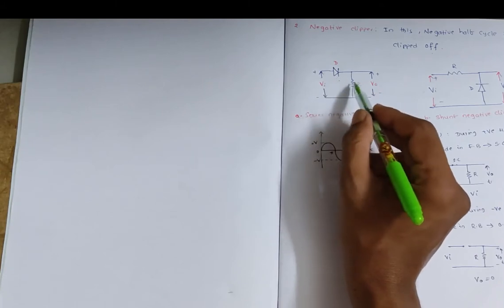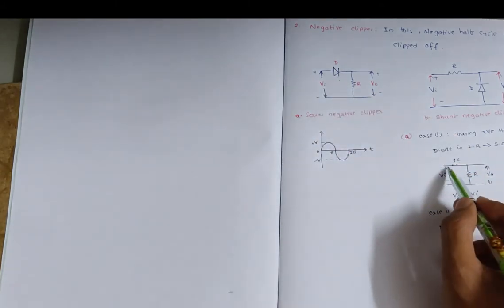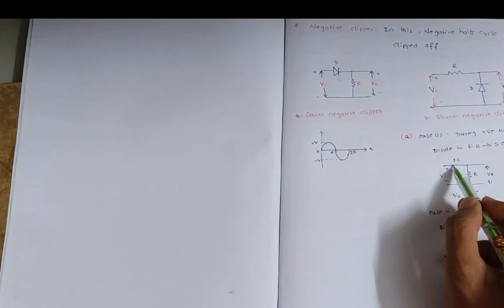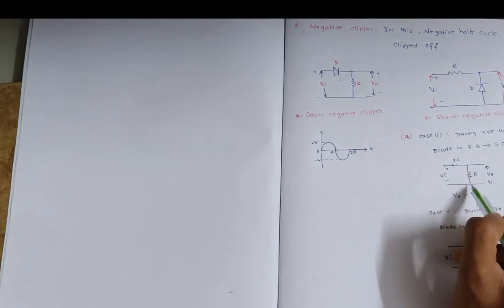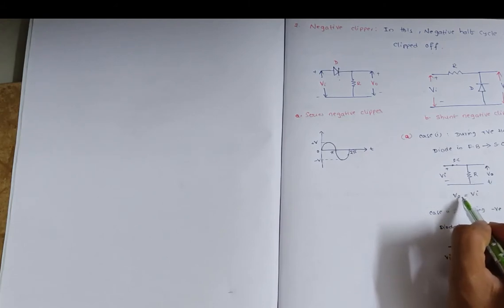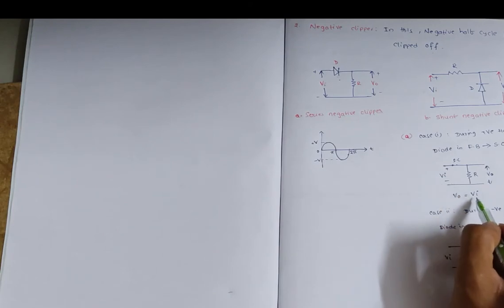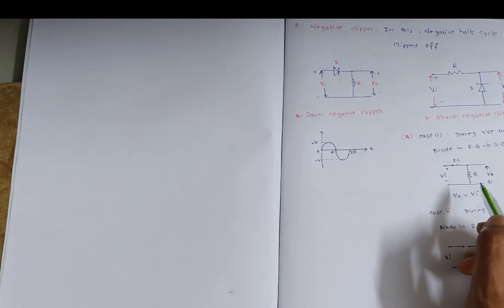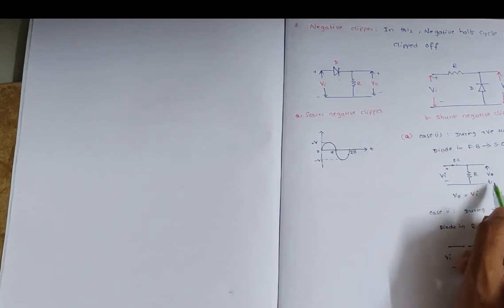The diode is replaced with a short circuit, so we get the equivalent circuit like this. Now we can write the output voltage V0 equals Vi. So during the positive off cycle, whatever input we apply appears across the output.